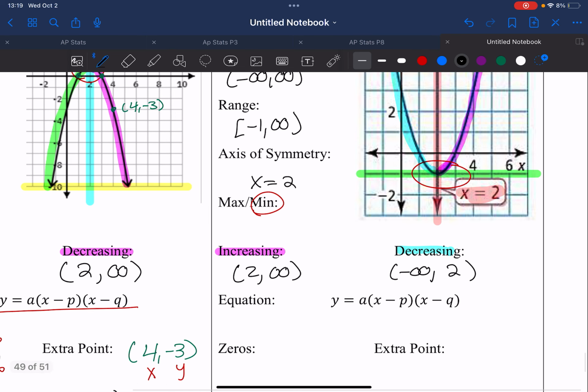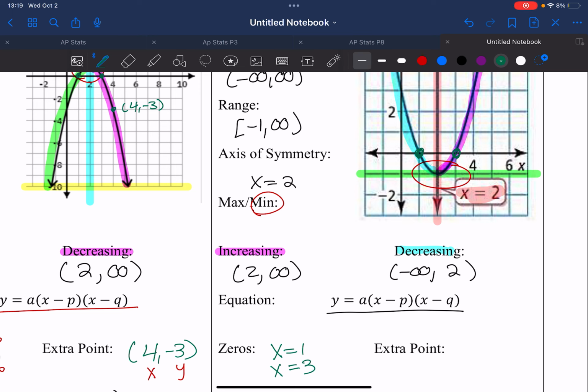Okay. Then in order to write it with this equation in mind, I know I need to find my two x-intercepts. So I have one at 1 and the other at 3. So x equals 1, x equals 3.